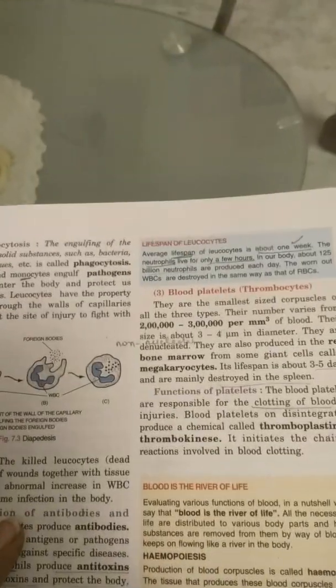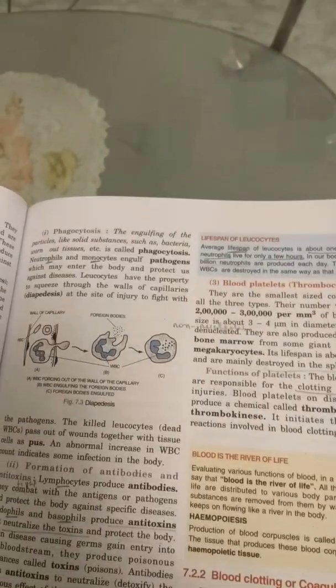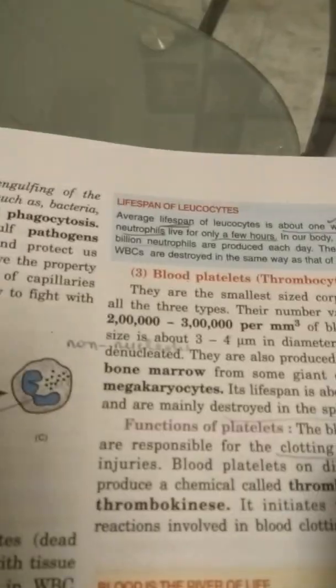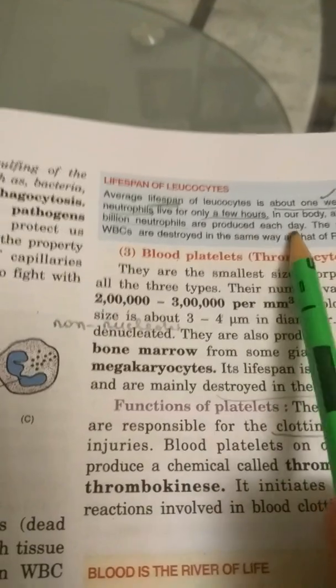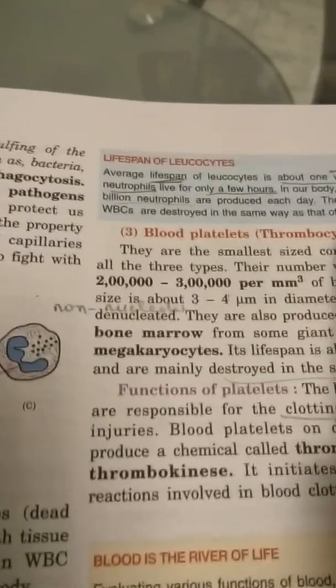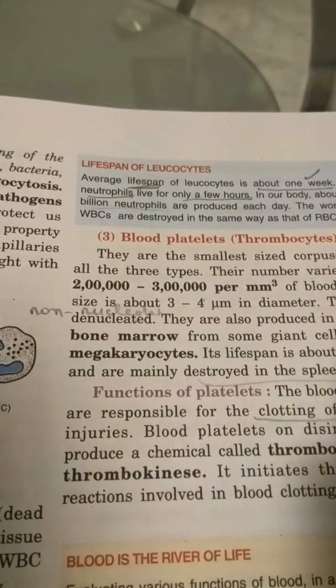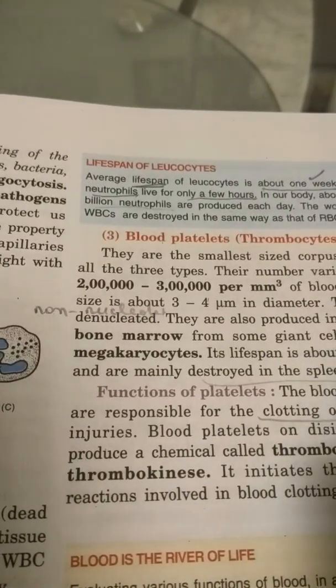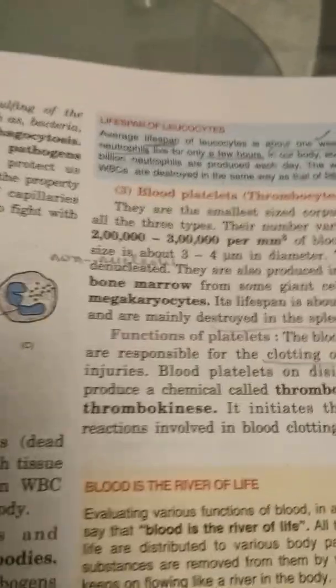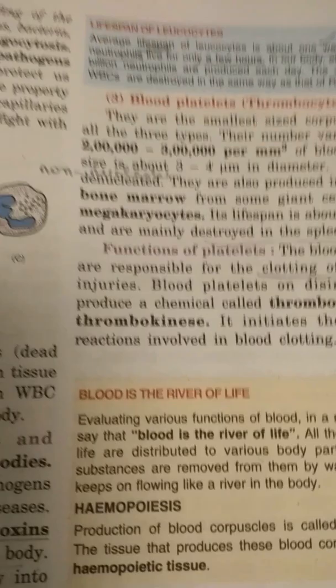Now, in the average human, the lifespan of the white blood cells is hardly 1 week, and neutrophils live for only a few hours in our body, and it is said that about 125 billion neutrophils are produced each day. The worn out, the injured, or the old, weak or destroyed white blood cells are destroyed in the same way as I have told you in red blood cells.